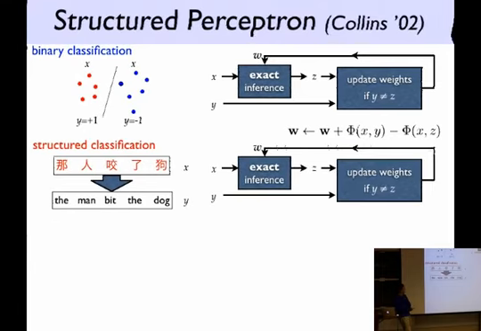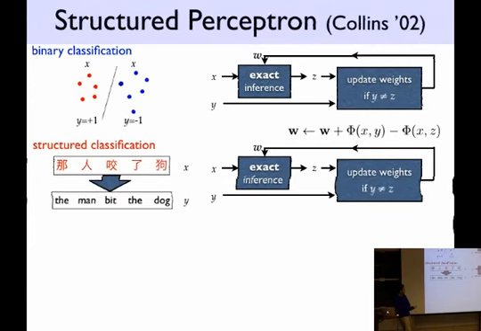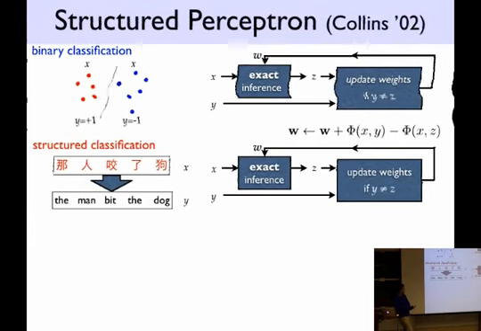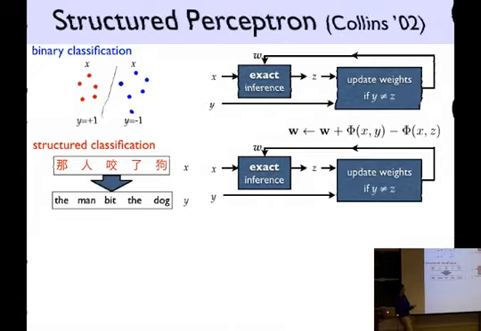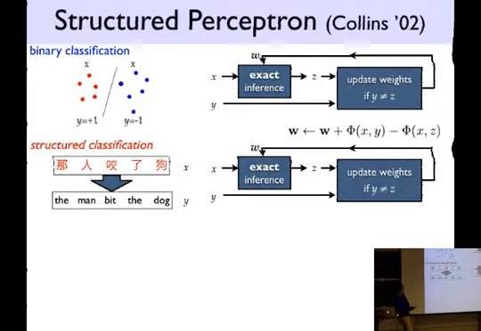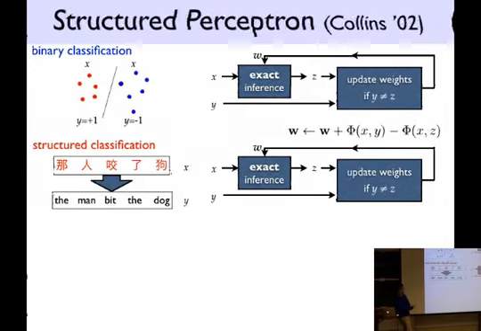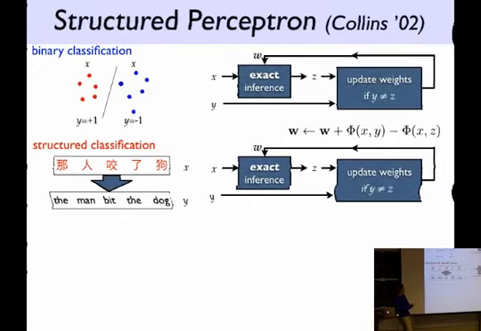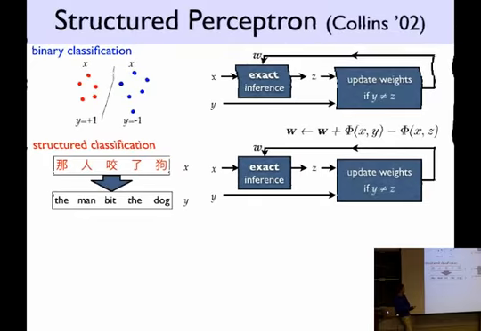And you can basically do exactly the same thing, the same architecture. You do exact inference, you get a best answer. And if it's different from the expected answer, Y, then you do an update, right? And the update is basically rewarding the correct and penalizing the incorrect, so that next time if you see the same sentence, it's more likely that you'll get the correct output Y instead of some wrong output Z, right?